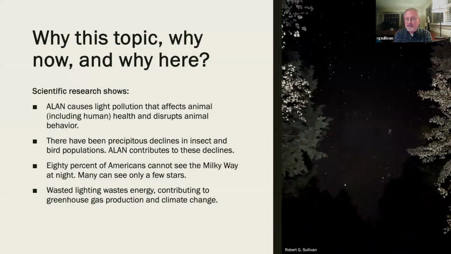So why is it important that we are talking about this? There has been a lot of research done that shows that artificial lighting at night, or ALAN, when it is not done wisely, and in fact, really any time there is outdoor lighting at night, it can affect animals, including human health, and it also, importantly, in the ecological sense, disrupts certain animal behaviors.